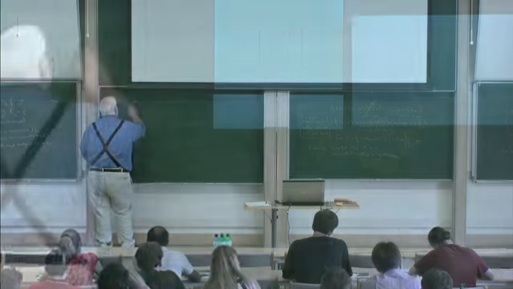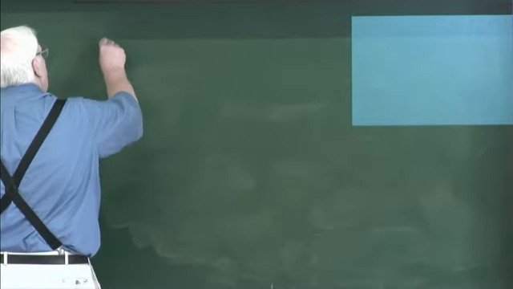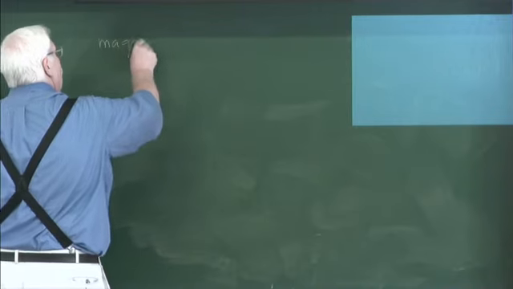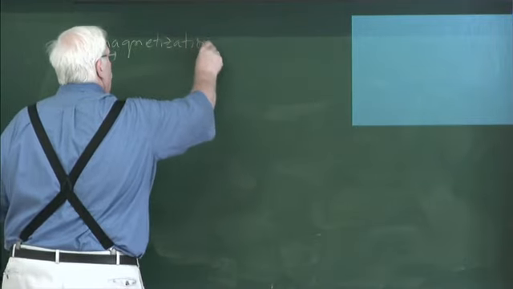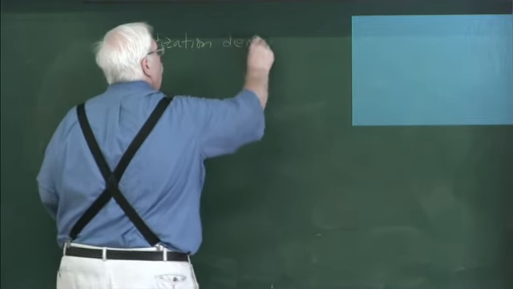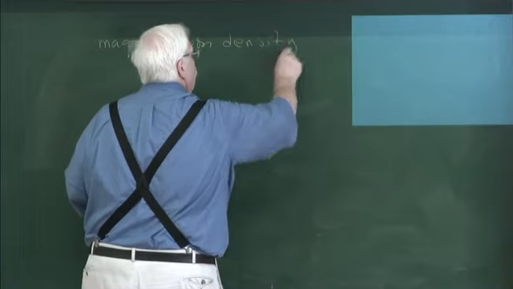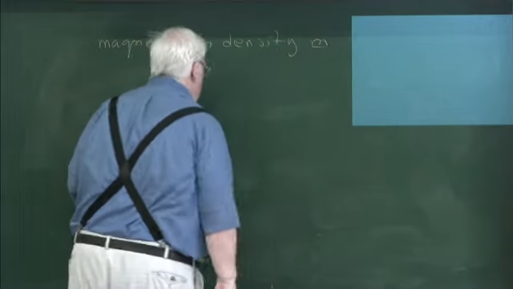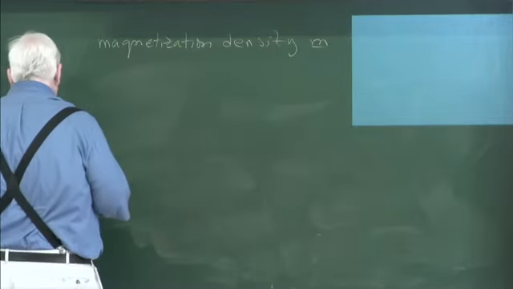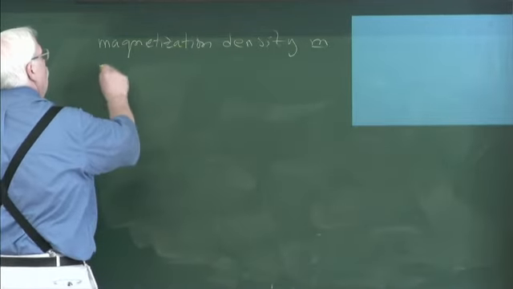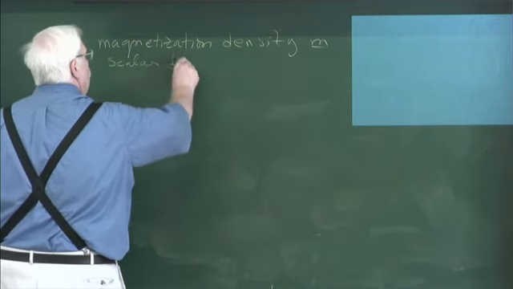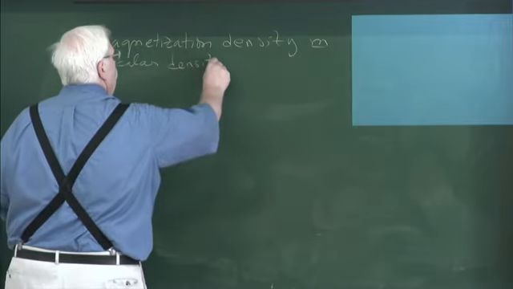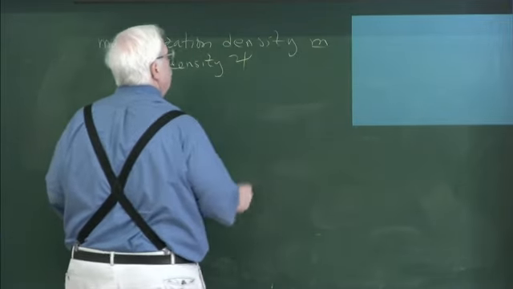So we have some magnetization density, which is a vector m in 3 dimensions, and we have a scalar density psi.